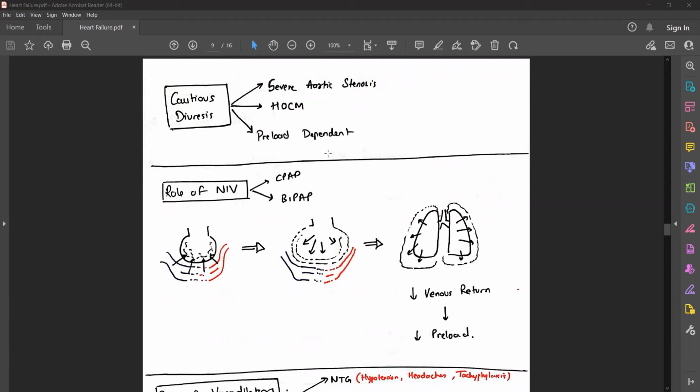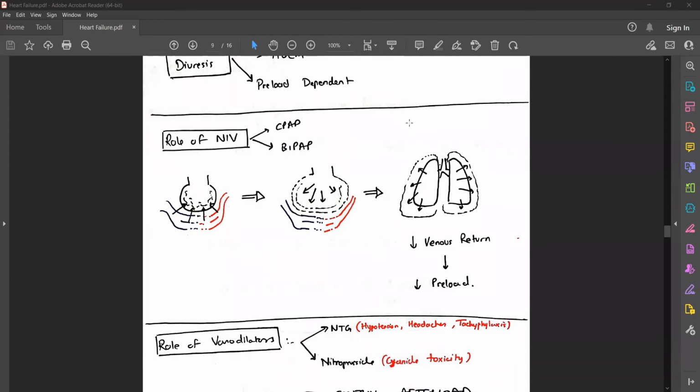So if they come in with acute decompensated or congested heart failure and you're trying to diurese them, it has to be done slowly and more closely observed. And with all other causes of preload-dependent heart failure, you have to be careful about diuresis. So you'll evaluate this initially, before you start diuresing the patient, to make sure they're not preload dependent.